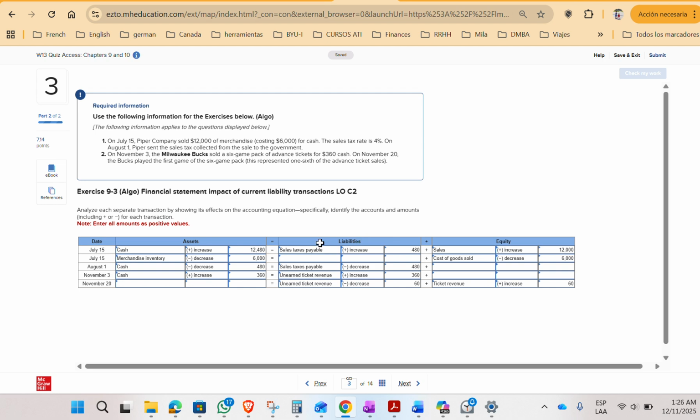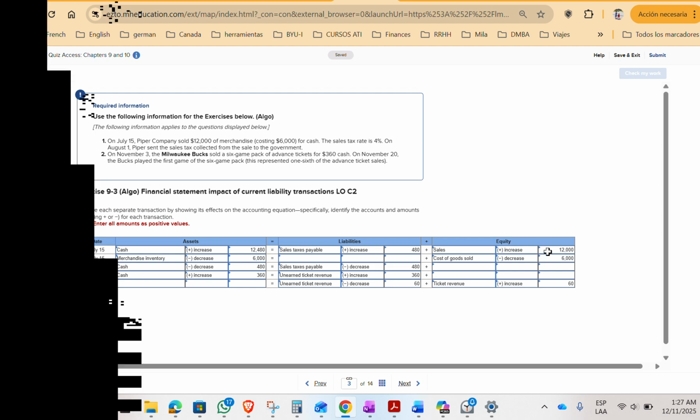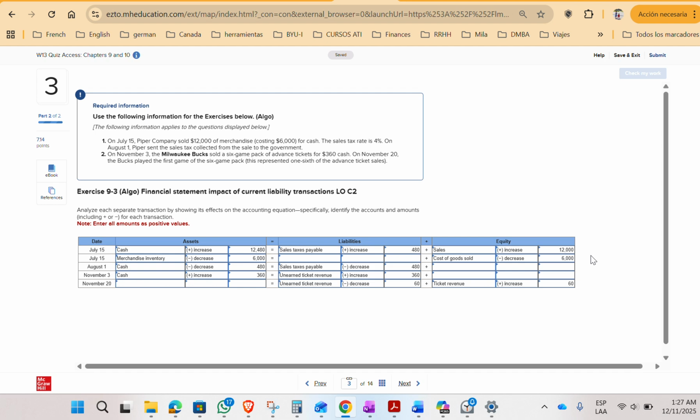In the liabilities we have that a part of the amount is for the sales tax payable that we have to send to the government, 480. And the equity also because we have revenues, sales that increase, so it's 12,000. Also on July 15 the merchandise inventory decreases by 6,000, and in the equity the cost of goods sold decreases by 6,000.